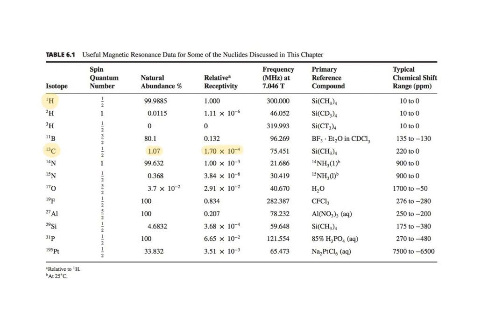And one of the tricks that allows us to effectively collect carbon-13 NMR spectroscopy has been inverse detection of carbon-13 from attached or nearby proton nuclei.